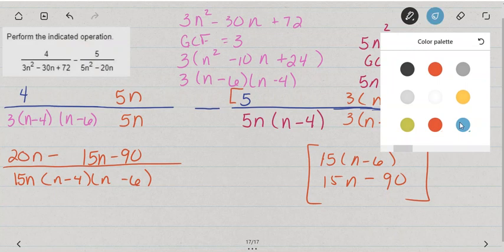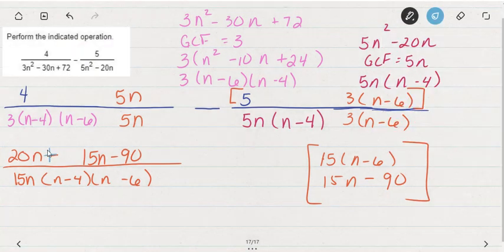So a better way to do that would be to change this to adding negative 15n plus 90. Or in other words, we're going to distribute a negative. So we get negative 15n plus 90. But make sure you're not working with a negative 90.